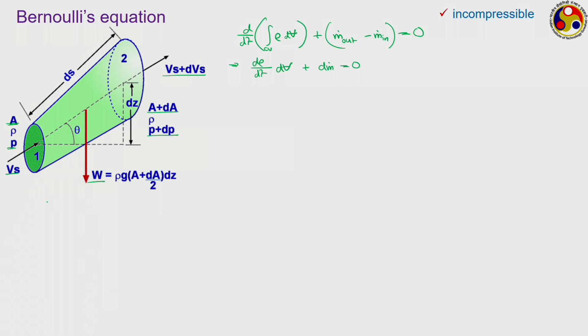And what is dV? dV can be taken to be A into ds. Of course, area is changing from A to A plus dA, but dA can be quite small compared to A, so we can approximate this.